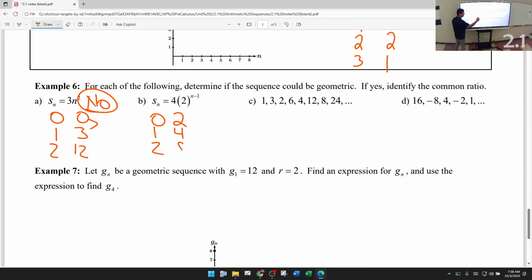This is looking good, because you have to multiply by 2 and multiply by 2 and multiply by 2. 8 over 4 is the same thing as 4 over 2. I didn't want to say D, I want to say R equals 2. Common ratio is 2.